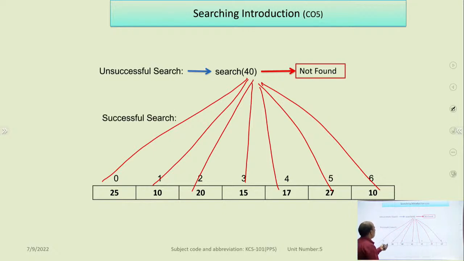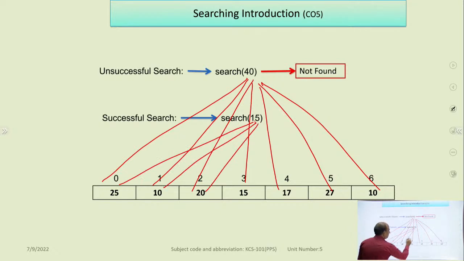If we are looking for whether 15 is available in this data or not, we follow the same concept. We compare 15 with the first element, then the next element and the next one, and we can see that 15 is available here.